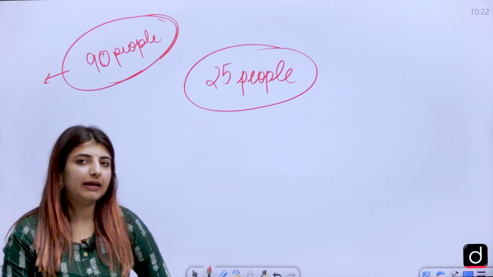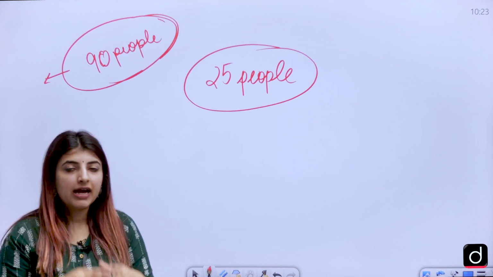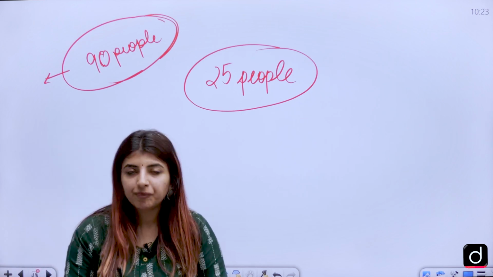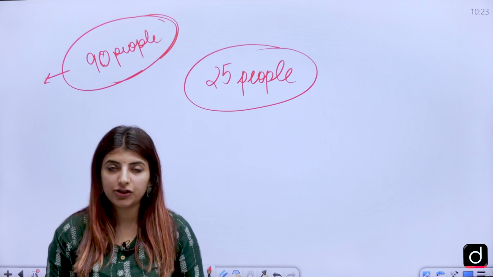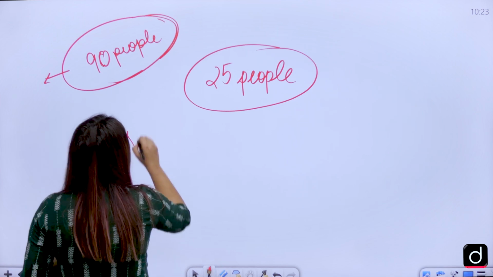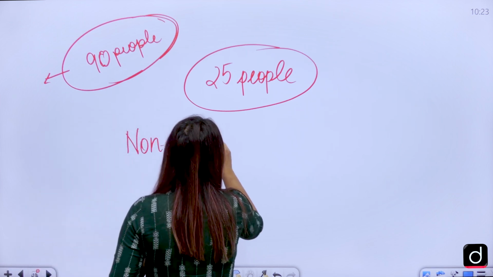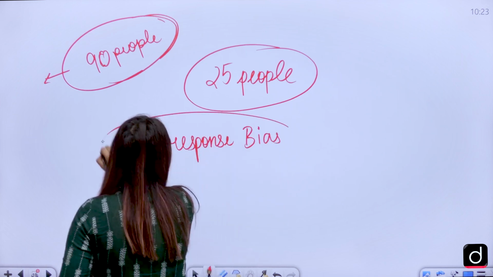Now, if out of those 25 people whom I have chosen, some of them, they don't tell me directly, but they do not participate that actively in my research, or they are non-responsive. That is where the non-response bias comes into play.